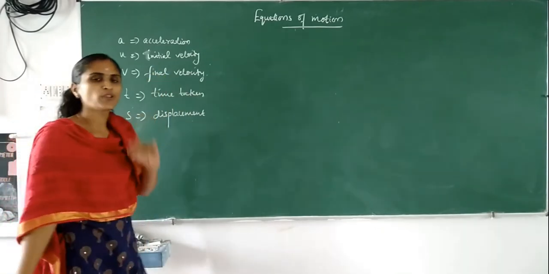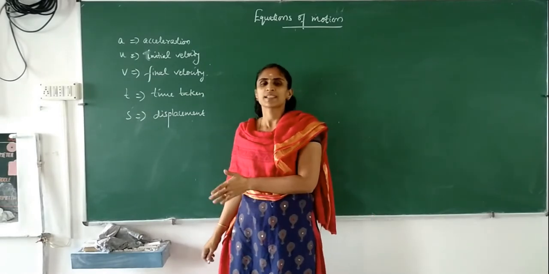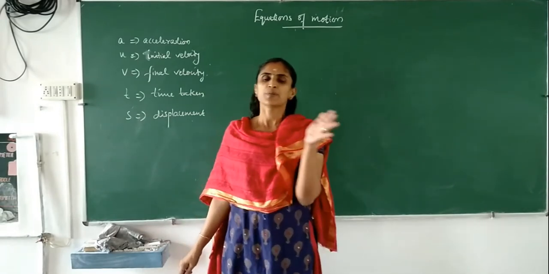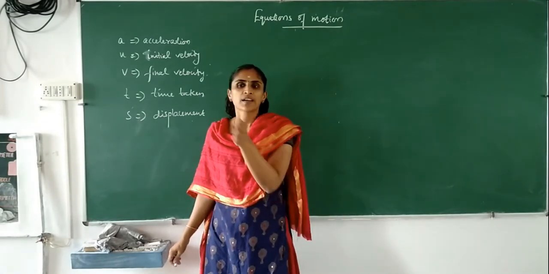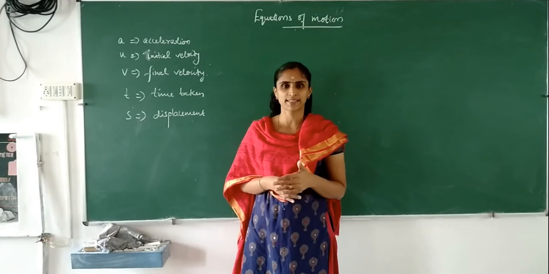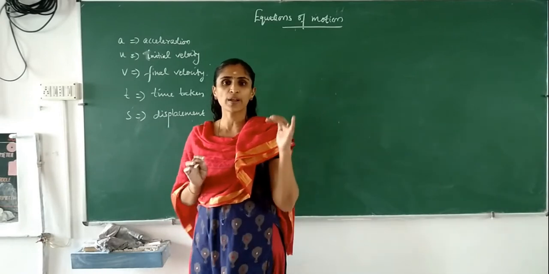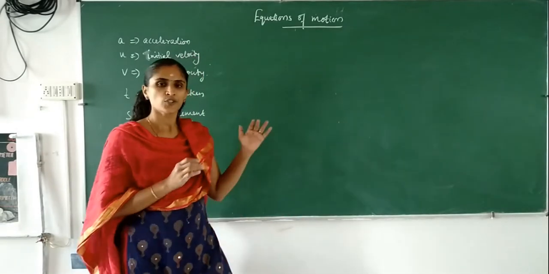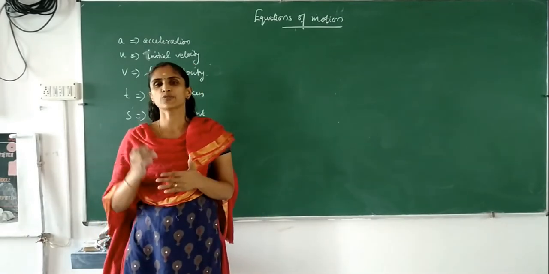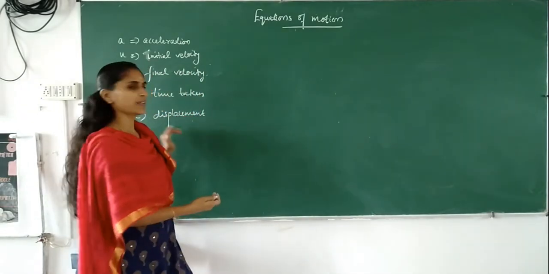So u is the velocity with which an object is moving. After some time its velocity is changed to v during a time interval of t, and while it changes from u to v, it has travelled a displacement of s, and during that motion let a be the acceleration. Here acceleration is constant, uniform acceleration, so throughout the journey acceleration will be constant, and t is the time taken to change the velocity from u to v, and during that time t let s be the displacement.